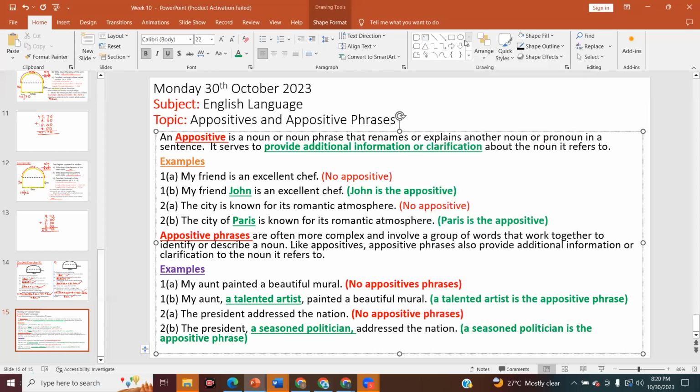So please write this down. In the chat, write an example of a sentence that contains either an appositive phrase or just an appositive.